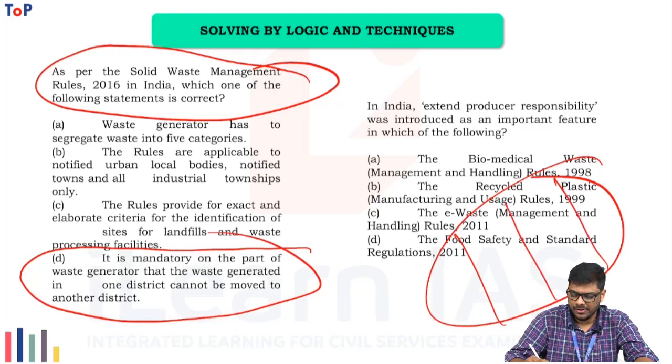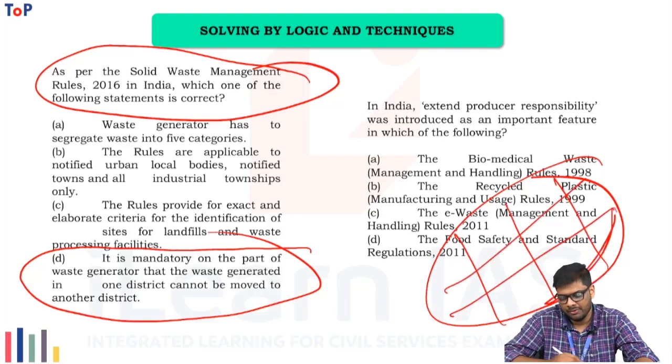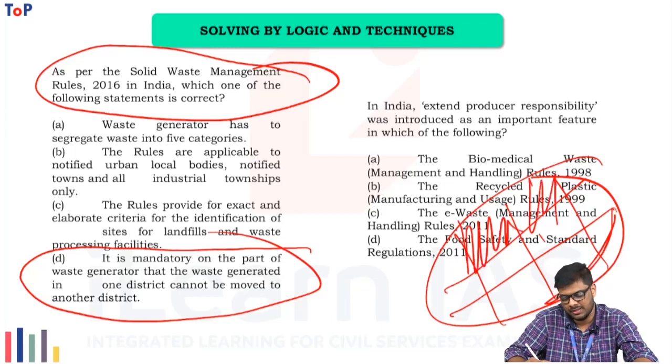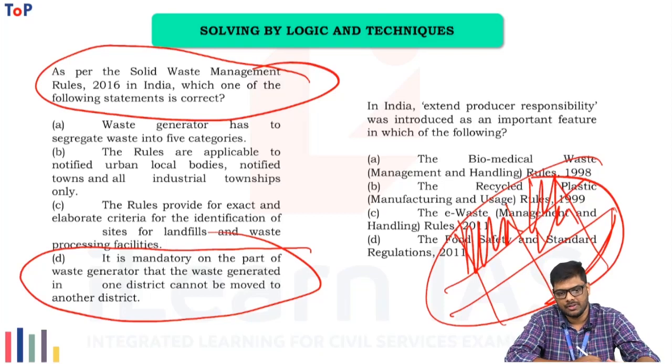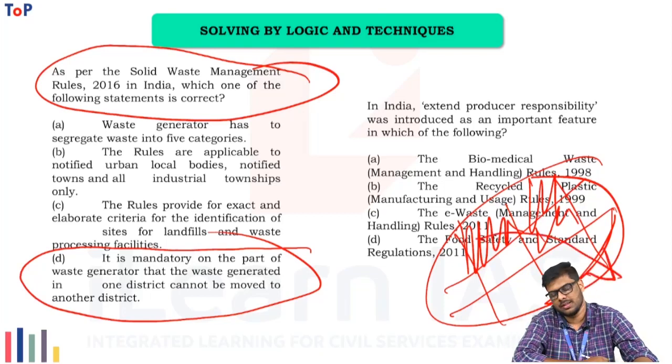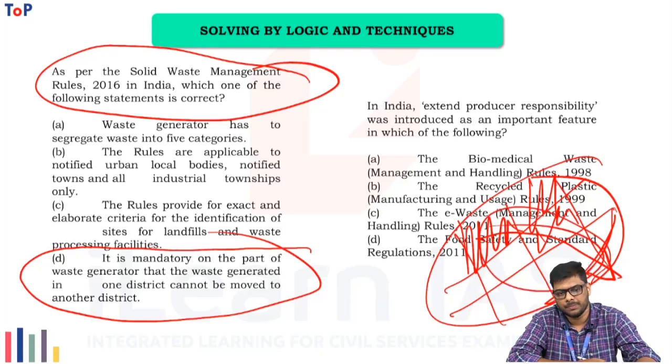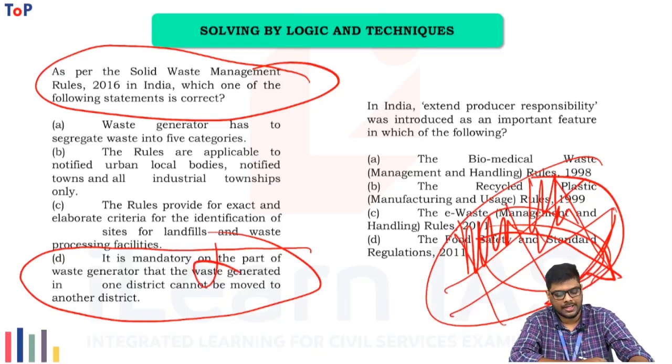Delhi will have different districts, and its outskirts will have underdeveloped villages or less populated areas. So waste generated from these districts cannot be processed there itself. It has to be moved to the outskirts of Delhi to be processed. So how on earth is it possible to prevent waste movement in Delhi? This can be eliminated. This is not correct.